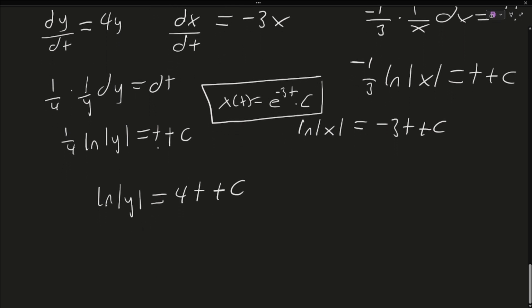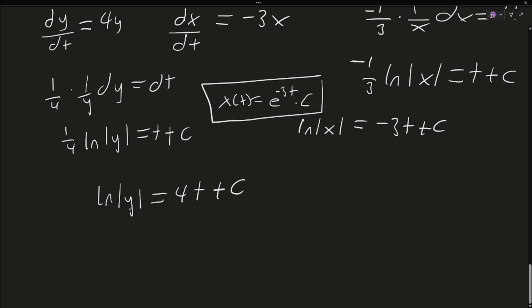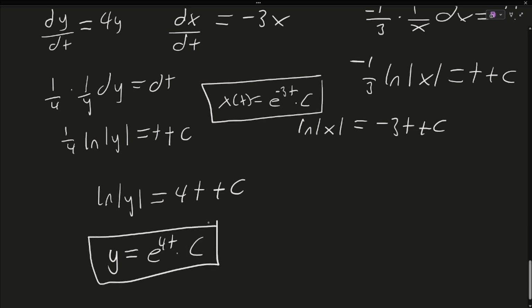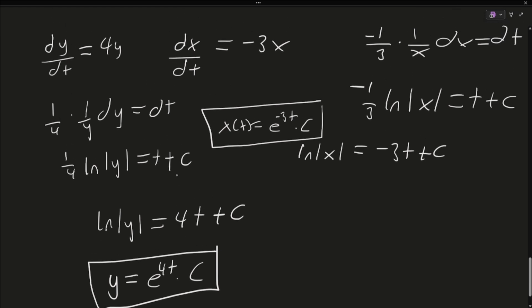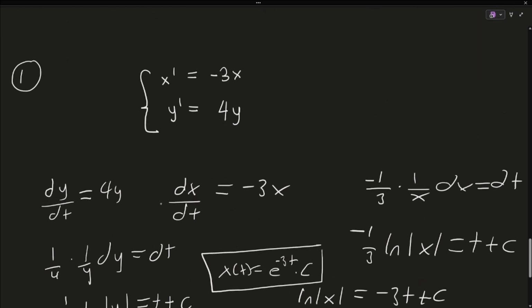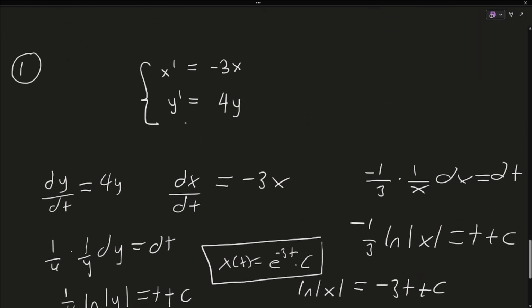I'm just skipping the algebra. Let me know if you have any questions in the comments. I'm just multiplying this with 4, and we will take the e, so we will have y equals e to the 4t multiplied with c as our solution for the second equation. So these will provide the solutions for this decoupled system.